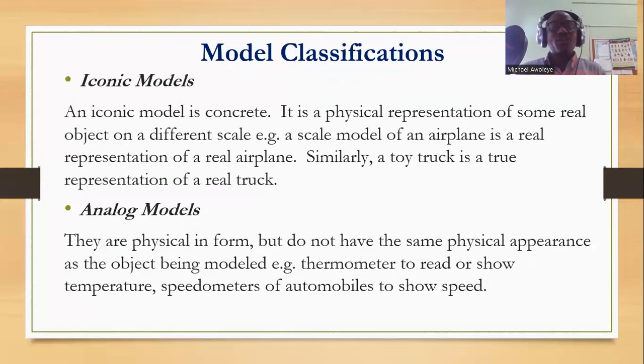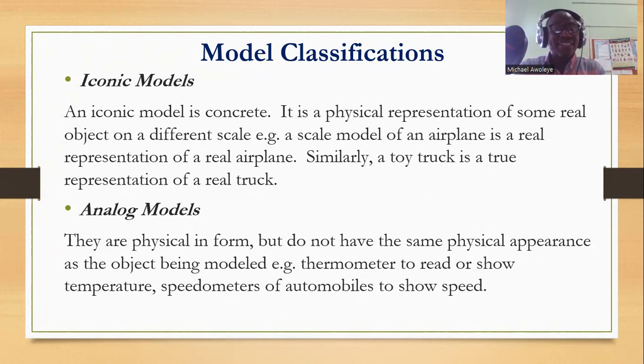Now, there are three major classifications of models. We have the iconic model. An iconic model is concrete, a physical representation of some real objects or situations on a different scale. A scale model of an airplane is a representation of a real airplane.